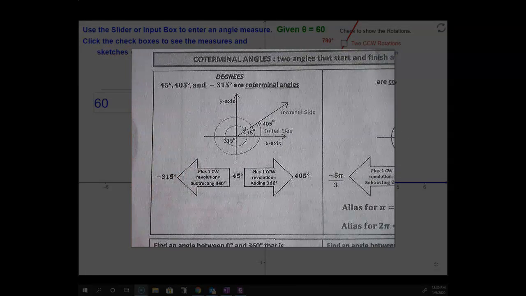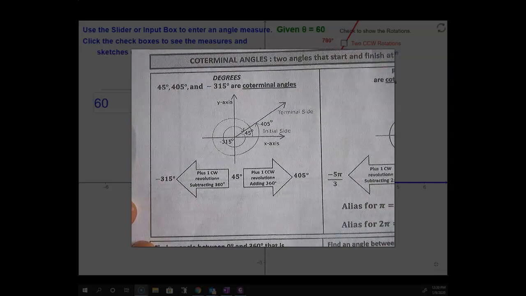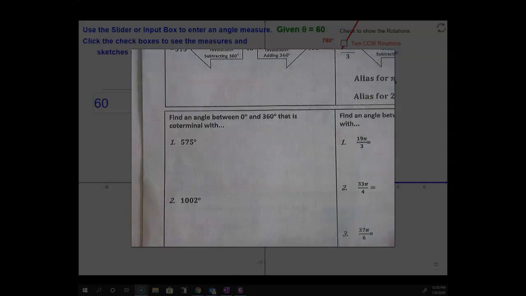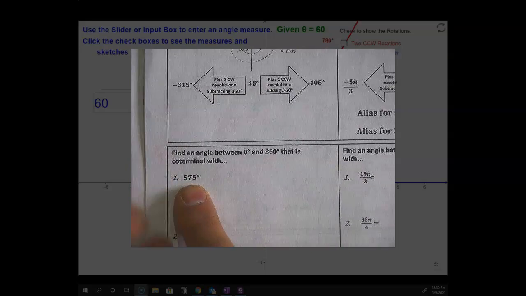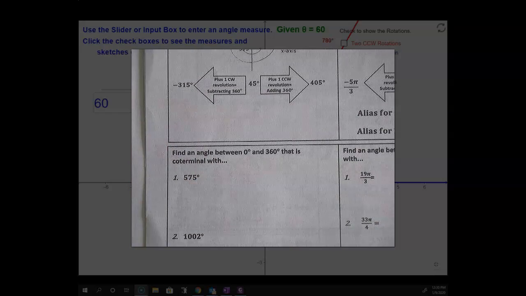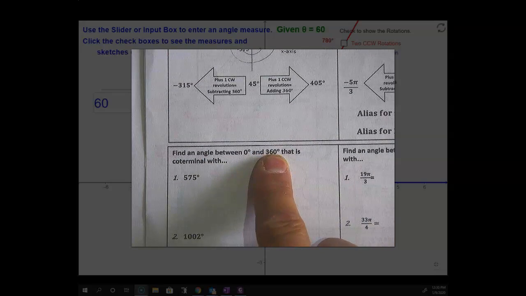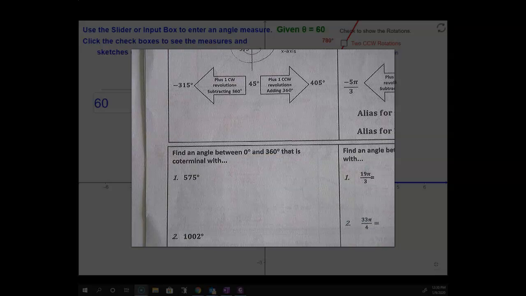If I wanted to get an angle that is coterminal with a given angle, then I'm going to either add or subtract 360. So if I had an angle that's 575 and I want it to be the same as an angle between 0 and 360, well, 575 is bigger than 360, so I'm going to have to subtract.